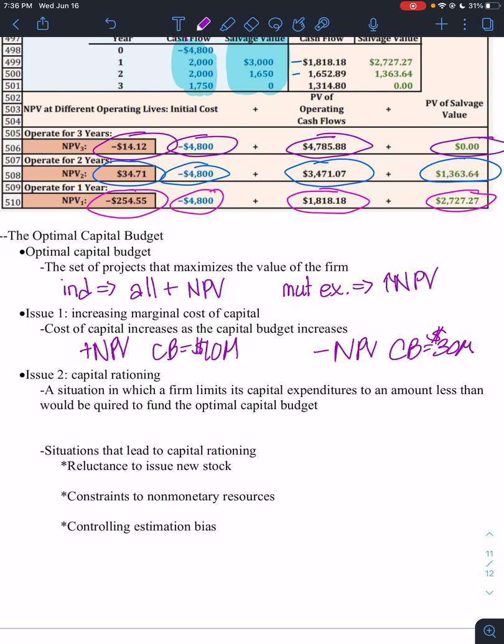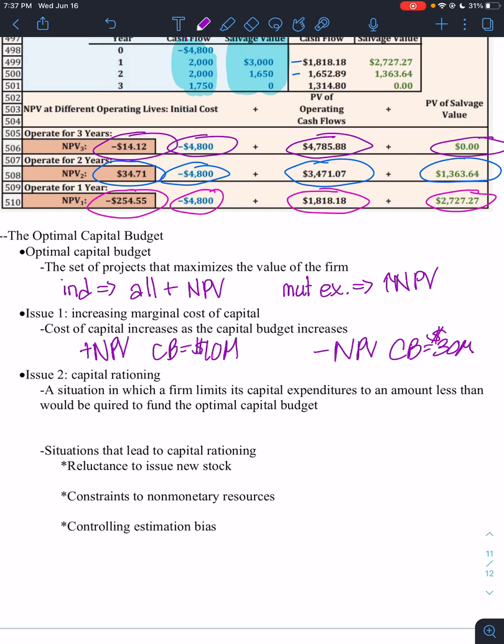Rationing's not good, right? Whenever we ration, that means we don't get as much as we want. And so capital rationing is when you don't get as much money as you want on purpose. So capital rationing is something that firms purposefully do. All right, they purposely forego projects that are positive NPV.